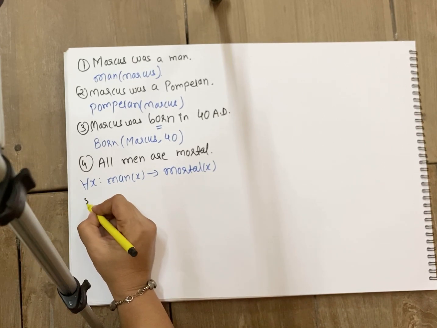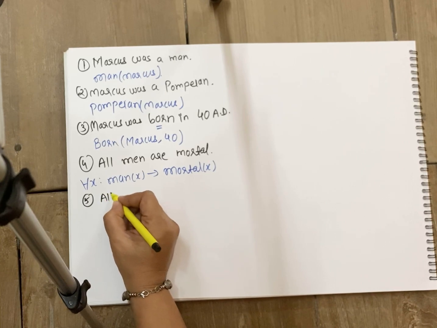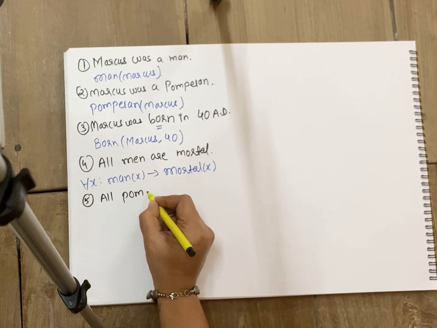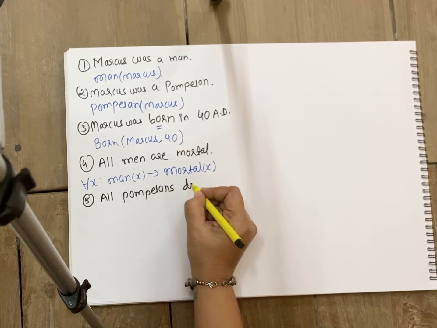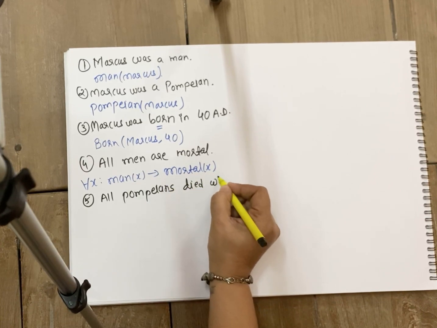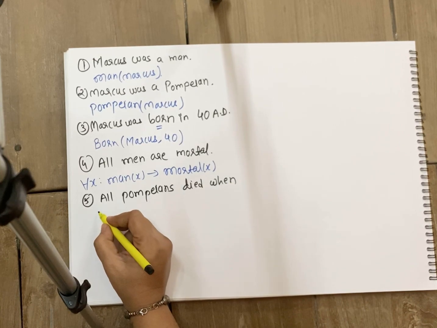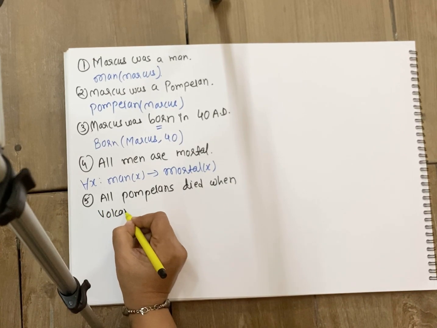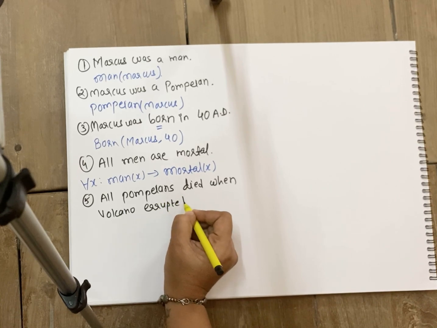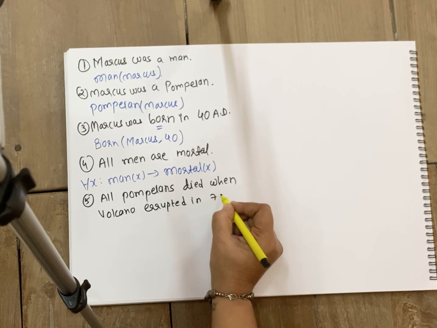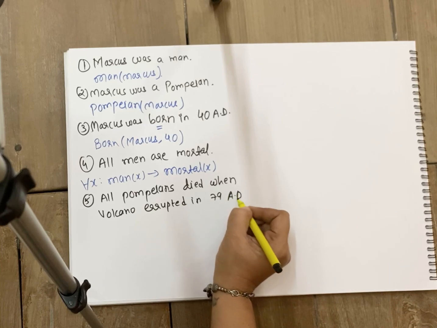The next statement says all Pompeians died when volcano erupted in 79 AD.